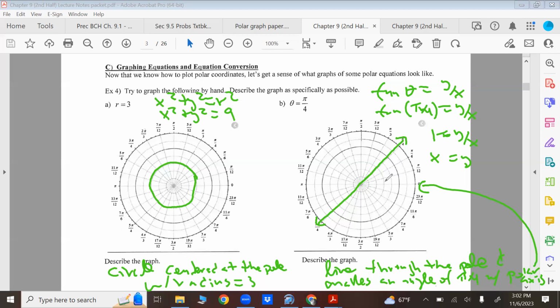In general terms, I don't want to move the screen, so I'll do the bottom of the notes up here.